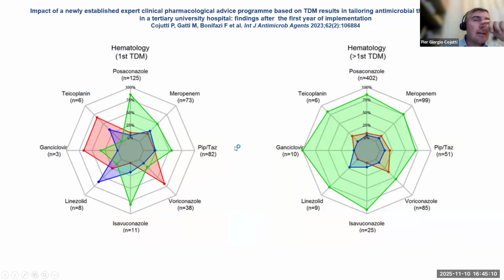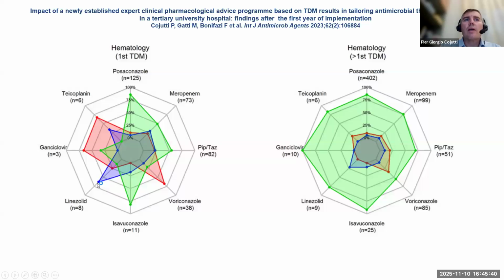This is the last slide, which shows you, from the analysis I told you before, the impact of drug concentration at first TDM and at second TDM in the hematology ward. Here you can see with colors the situation at first TDM. At first TDM, for instance, there was a need for dose increase of voriconazole, ganciclovir, teicoplanin.